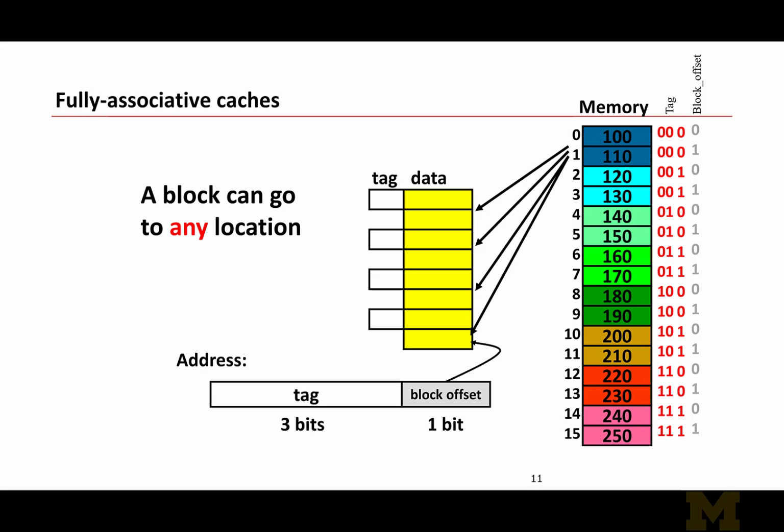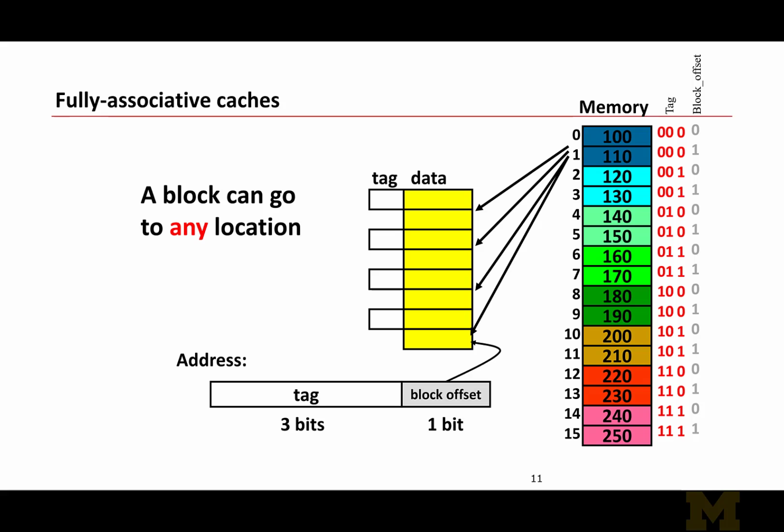Let me more precisely define the terms we talked about, and I will also go through a simulation of a cache architecture to illustrate the idea of a direct mapped cache. So the cache that we have been talking about all along, there is a technical name for it. It's called fully associative cache.